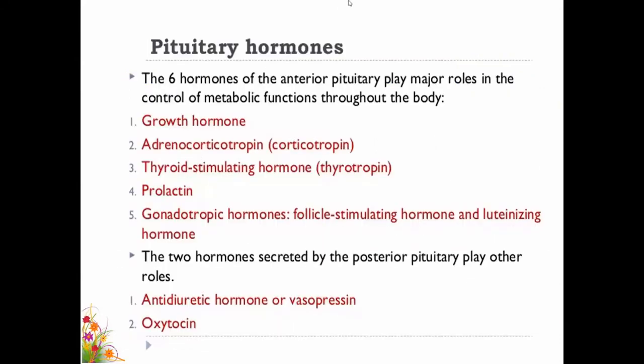Okay, fine. There are 6 major anterior pituitary hormones, and there are 2 posterior pituitary hormones. Can anyone tell us what are the anterior pituitary hormones? You can just see and at least read.